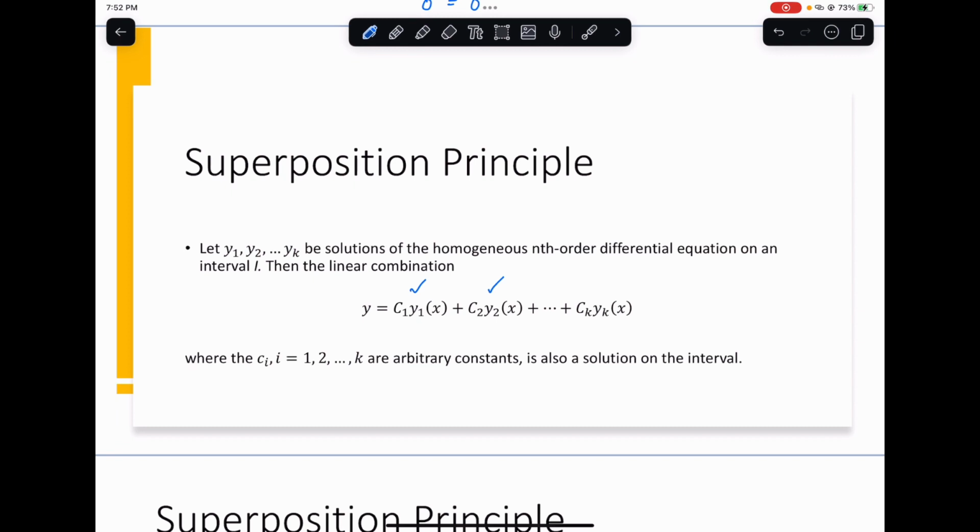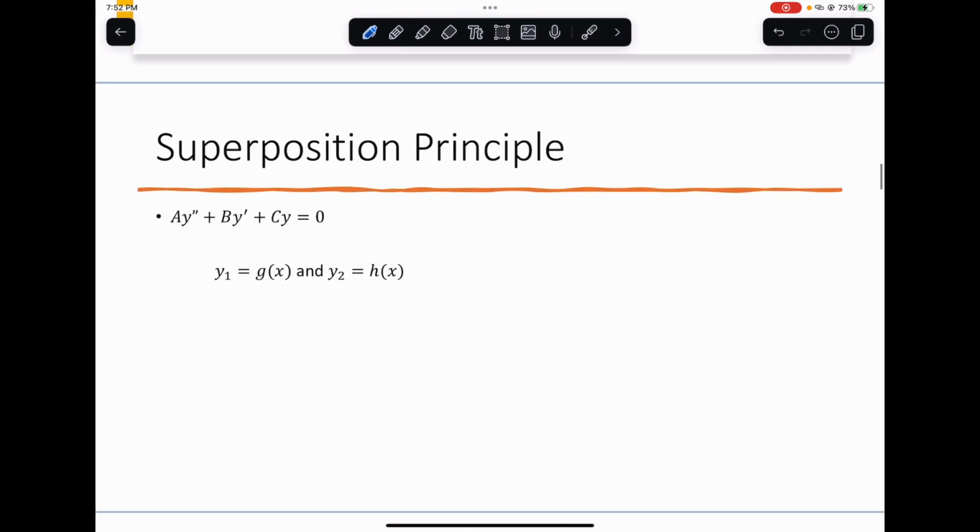Okay, so let's try to prove this. For example, we have a second order differential equation, and as I have said, there are 2 solutions. So y sub 1, which is the first solution, is a g function of x, and y sub 2 is an h function of x.